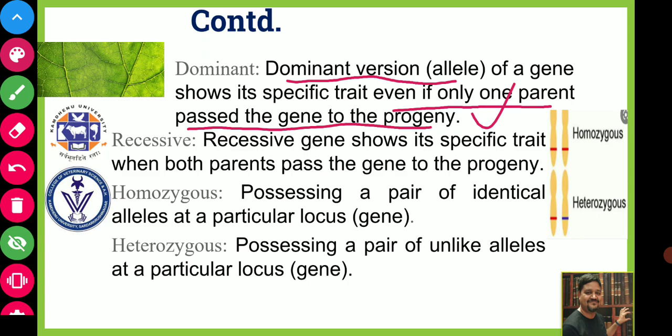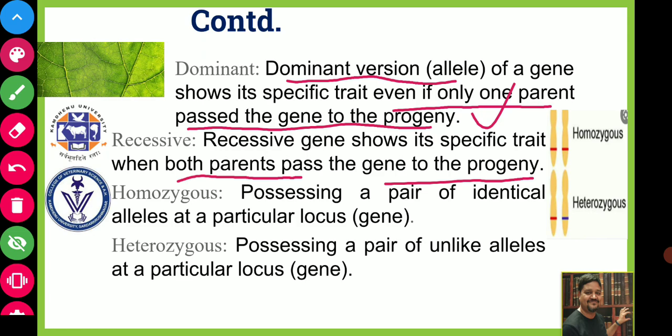What is recessive gene? The recessive gene shows its specific trait when both parents pass the gene to the progeny. That means when both mother and father are passing this version of allele to its progeny, only then will the progeny be able to express this character. So this is called recessive.